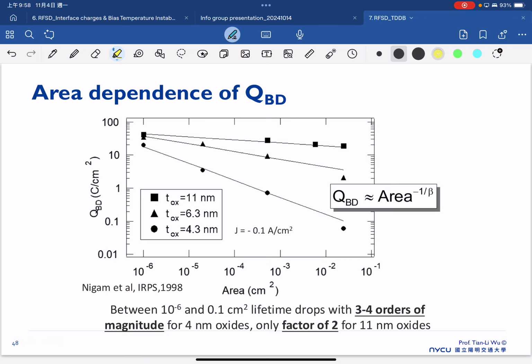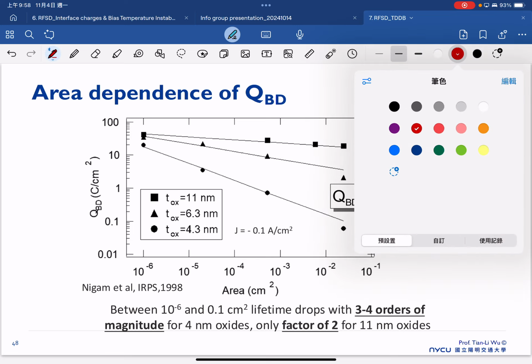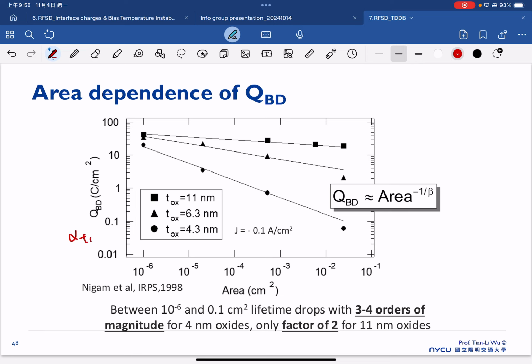Okay, so if we talk about the area dependency of the QBD, that's a charge to breakdown. Basically the QBD is very similar to the time to breakdown.